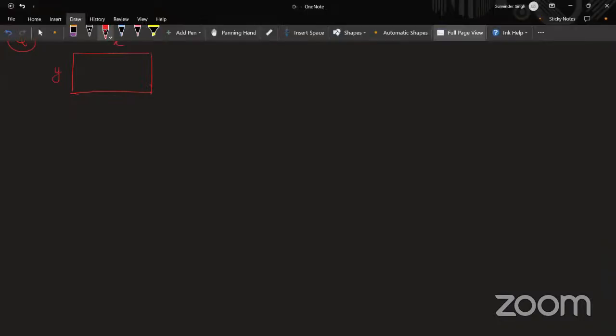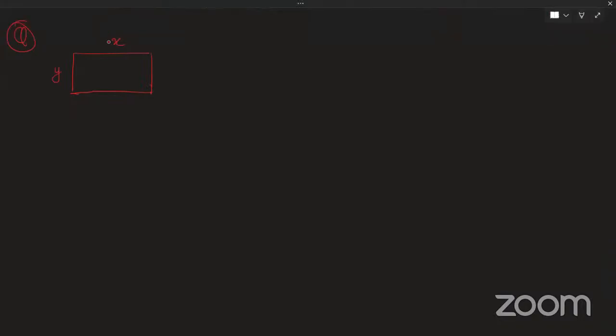Fine. So let us try one more case in which things are not as usual. So you have been given a rectangle like before, okay? Earlier you had a rectangle. Again, length is x, breadth is y. So at some point, x is 10 centimeter and y is given to you as 6 centimeter.